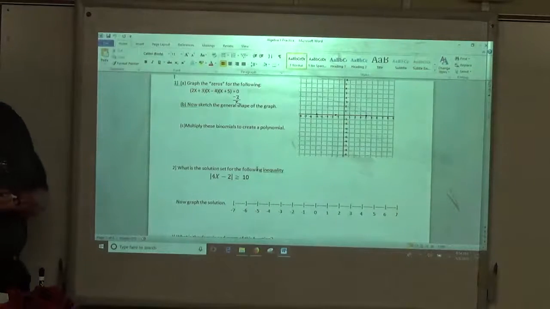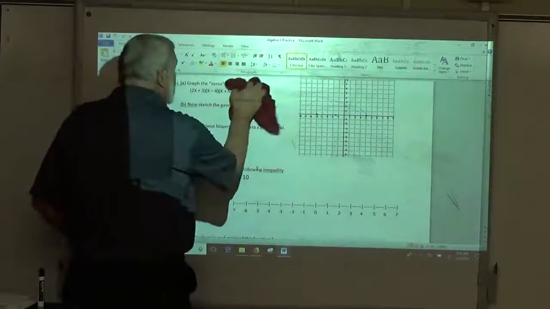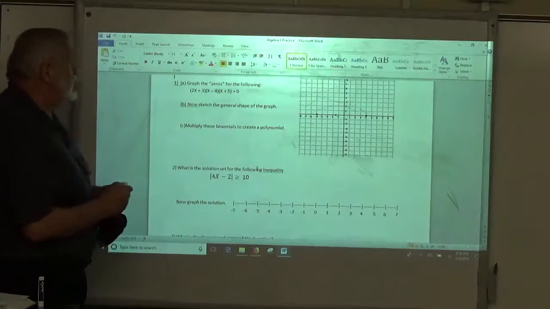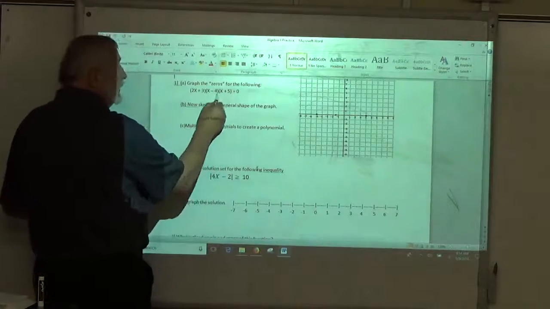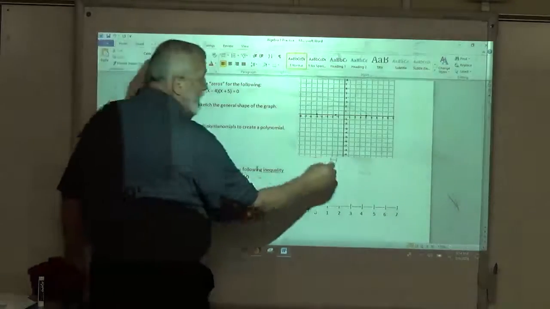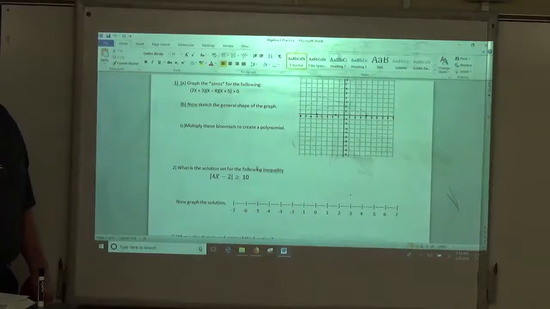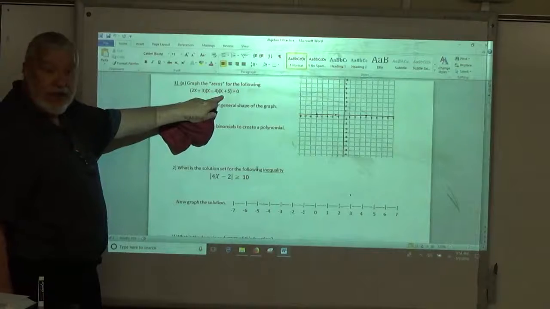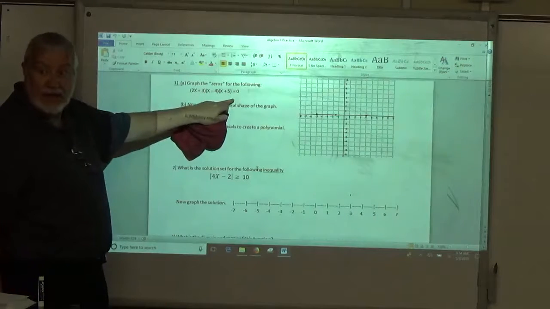Now that's a cubic. The general shape of a cubic, one of the things that you can see here is negative 20 times 3, negative 60. It crosses way down there. Now, as x gets bigger and bigger, what's going to happen to the y?